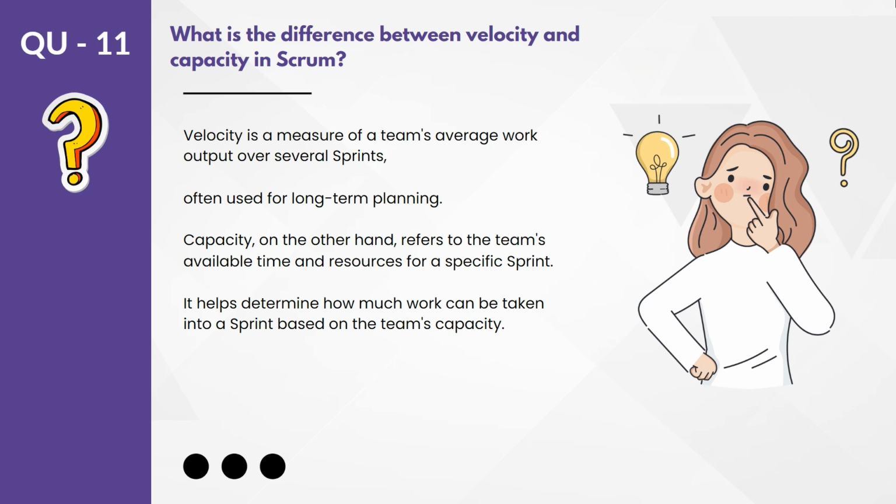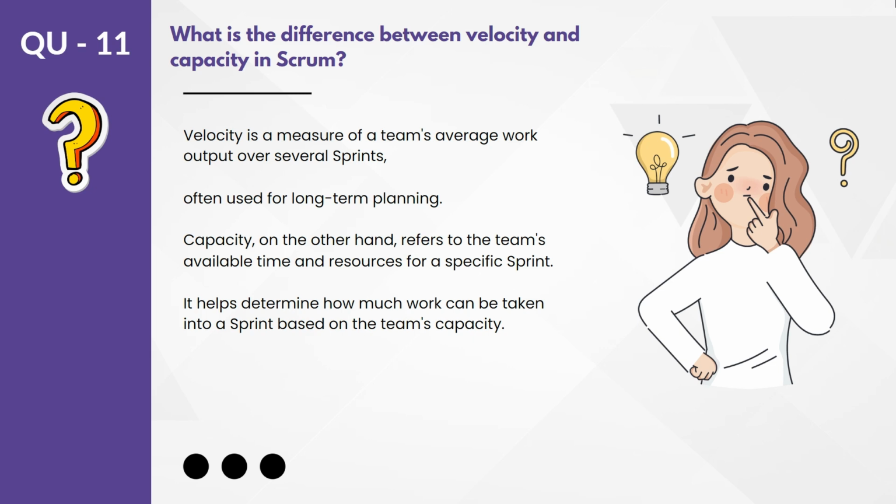Question 11. What is the difference between velocity and capacity in Scrum? Let's read it here first, then I will explain. Velocity is a measure of a team's average work output over several sprints, often used for long-term planning. As I said earlier, when we spend some time delivering increments over a few sprints, we have historical data: in the first sprint how many story points are delivered, in the second, in the third.